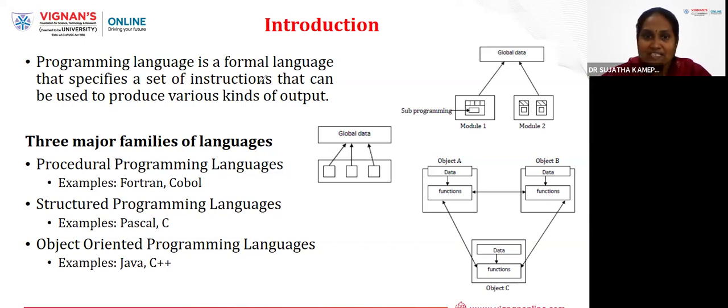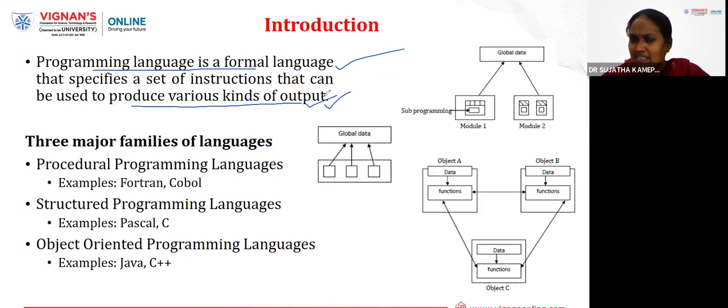Here you can see a programming language is a formal language that specifies a set of instructions that can be used to produce various kinds of outputs. Those outputs may be text, images, or something else, some patterns or like that, right?